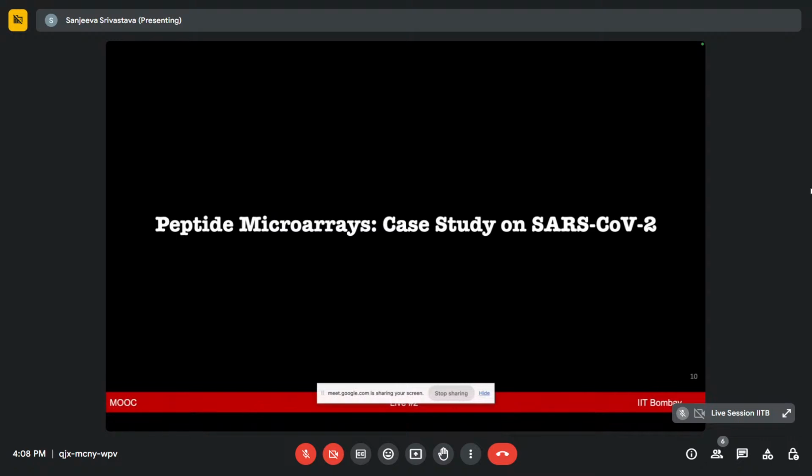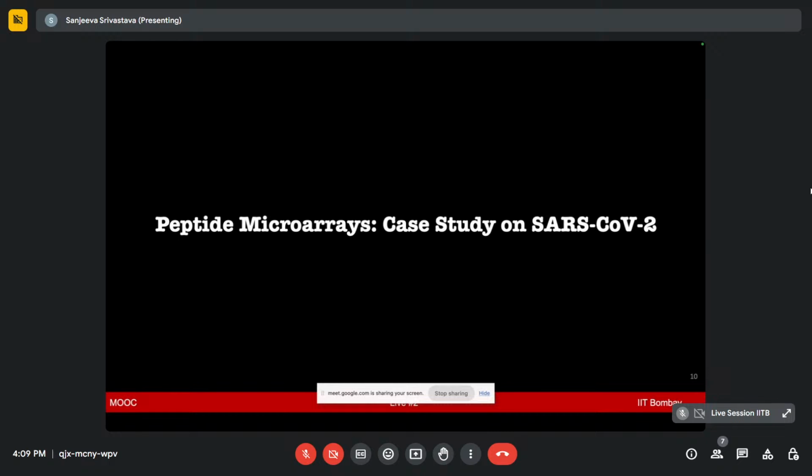Let me switch gears here. In addition to the protein microarray I just talked about, which used full-length purified proteins to screen for biomarkers, now we are going to use peptide microarrays. Think about the COVID-19 scenario and the virus SARS-CoV-2.